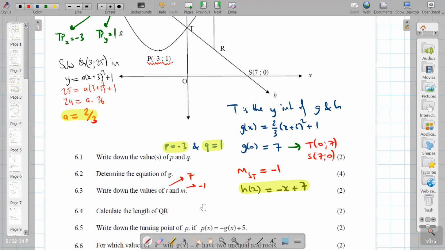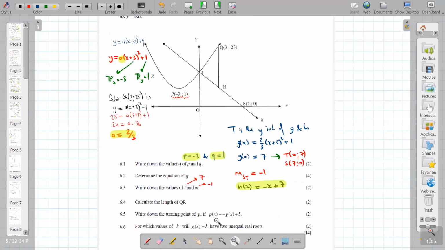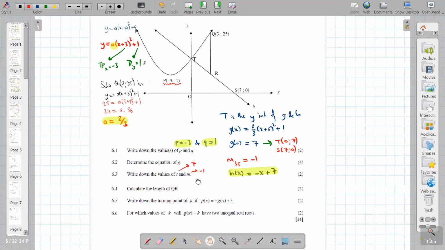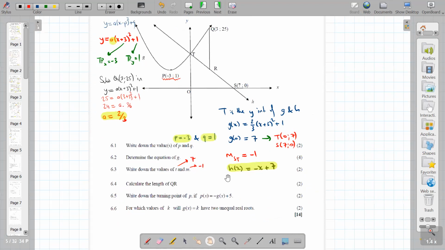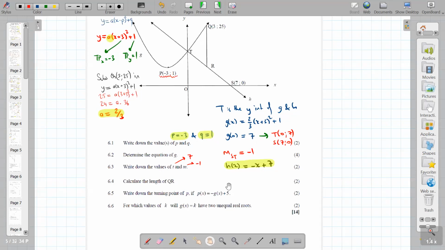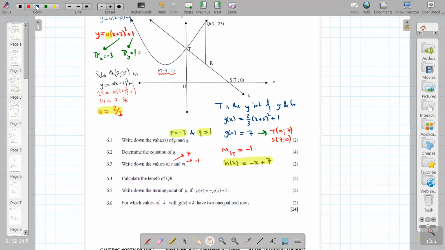All right, next question, we ask to find QR. QR, that perpendicular length. Now it's the vertical distance, say that way. And finding coordinates of R is what we need to do first. What is coordinates of R?